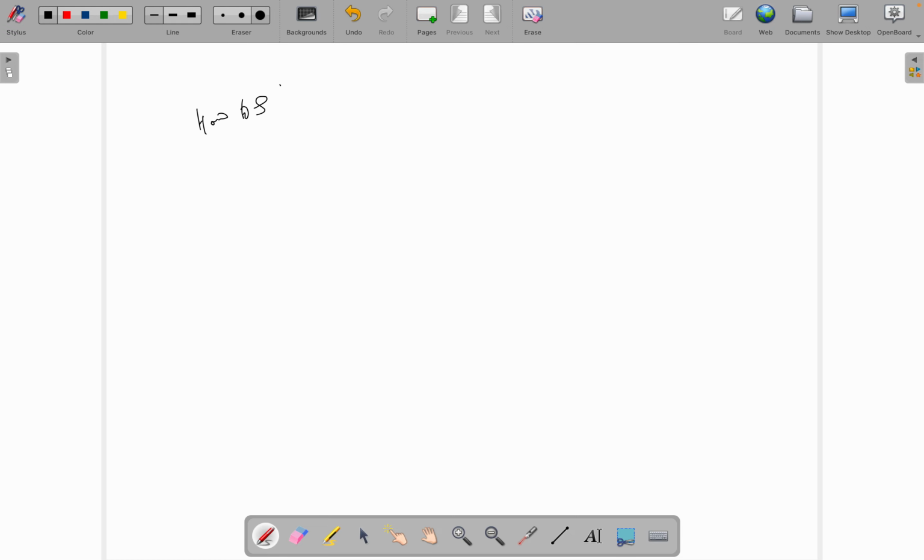How to select important features. Okay, so the first method is remove constant features. So what is a constant feature? Suppose there is a column where all the values are 1.